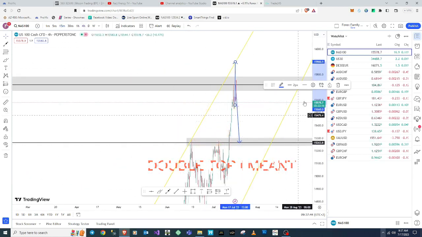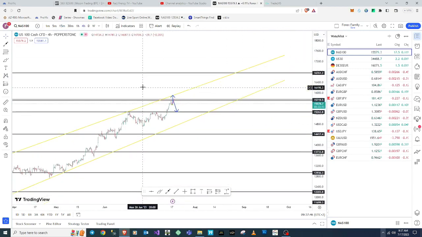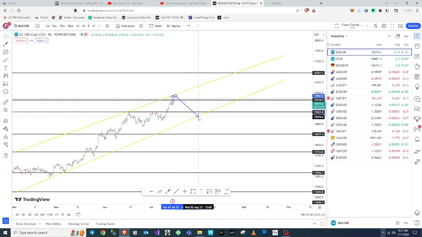This is NAS100. Let me jump in. I think NAS100 is going to be doing this. Our overall structure, we need to come back to this level, guys. But before coming back to this level, we either need to get a double bottom on this line, or we need to come back and touch this trend line here. The trend line is basically on top of 15892, where it is, 15909 basically.